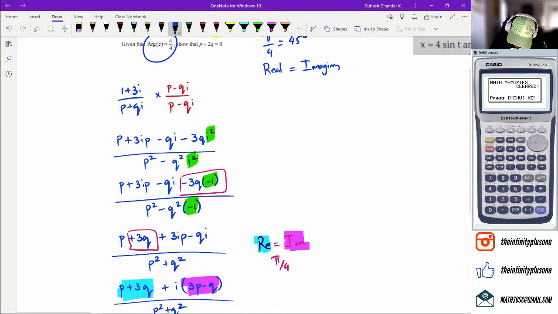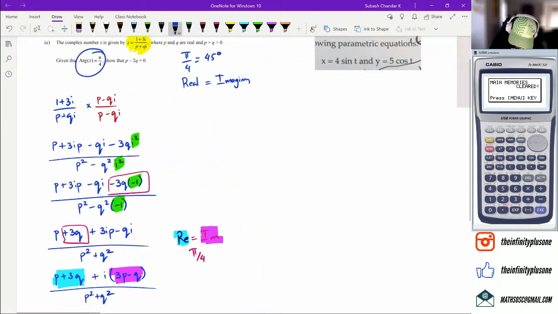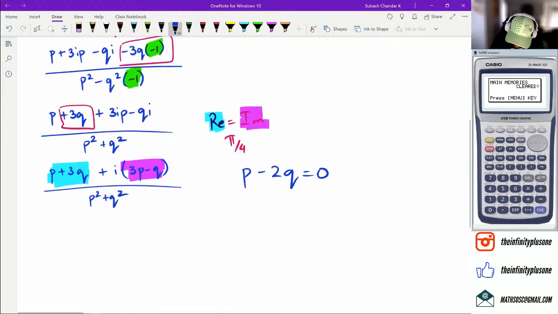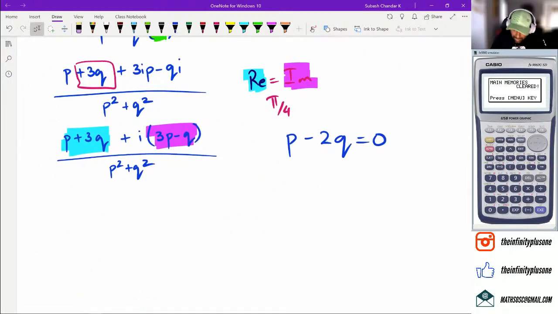So I'm going to go right back to the top of the question. The proof was to prove that p minus 2q is equal to 0. Because real equals imaginary, all we have to do is p plus 3q equals 3p minus q.